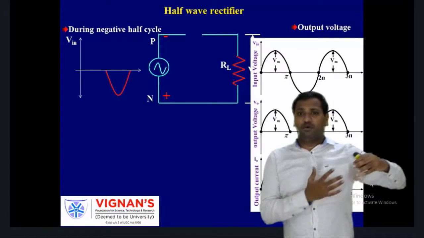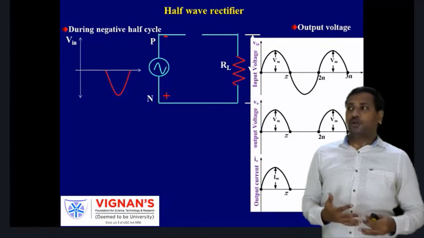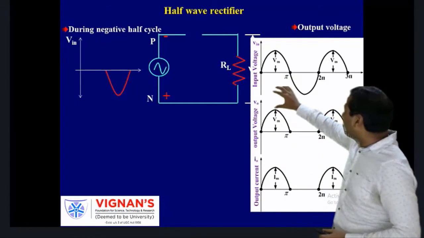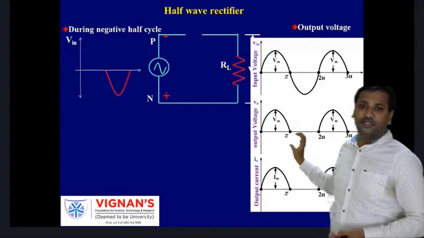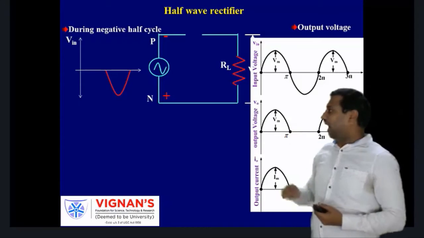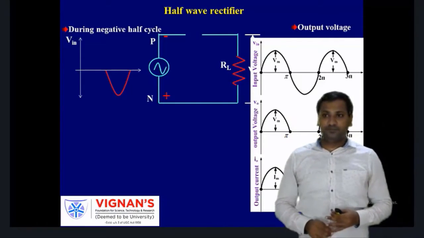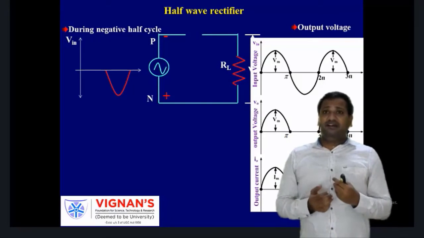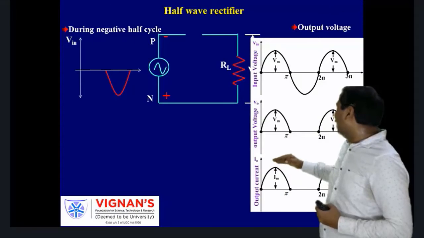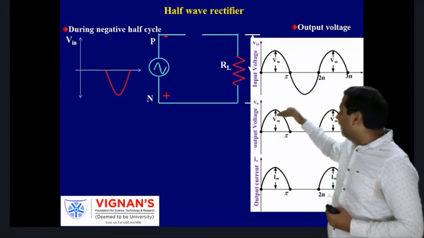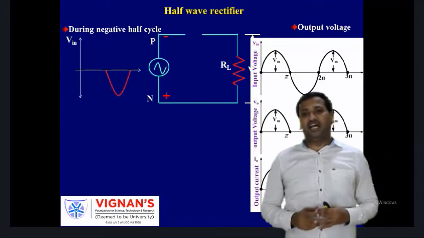Combining both positive and negative cycles, the output voltage during the positive half cycle will be the same as the input voltage due to the resistive nature of the load. And during the negative half cycle, there is no voltage, it will be zero. Similarly, if you need to find the current, it has a similar shape to the voltage available in the load.